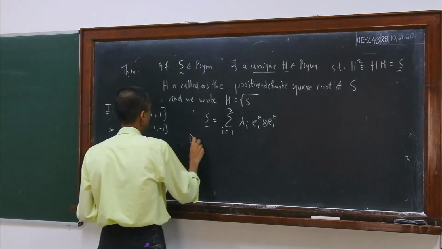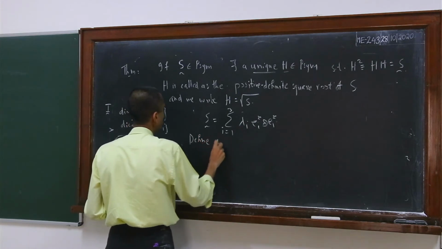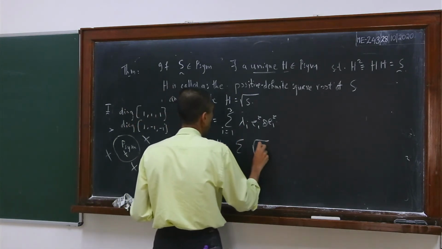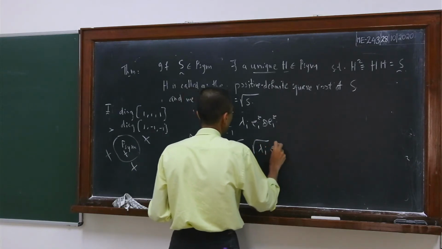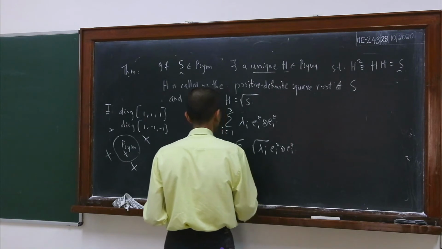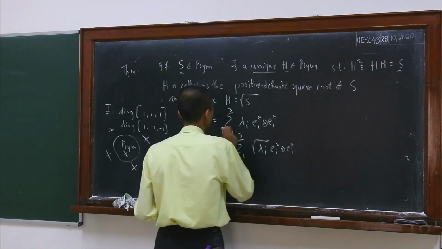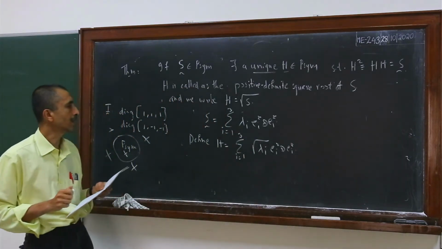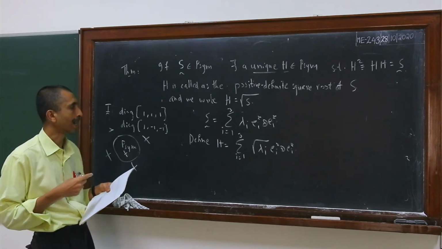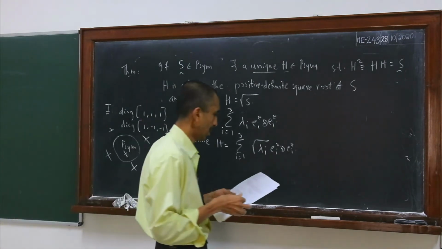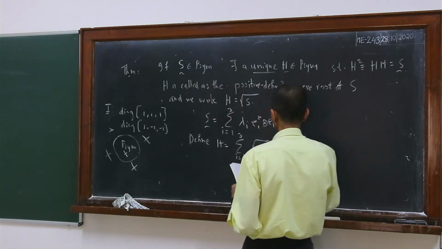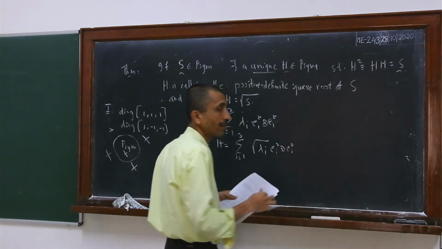H to be equal to the summation of square root of lambda i, e_i star divided e_i star, for i equal to 1, 2, 3. Now you see that if you take the square of this, then you will get back S. First of all, H is symmetric because you are using e_i star divided e_i star, which is a symmetric tensor.